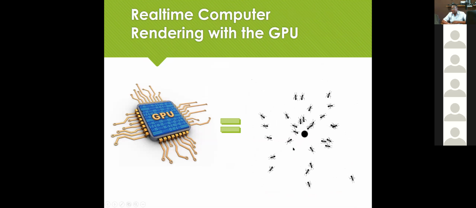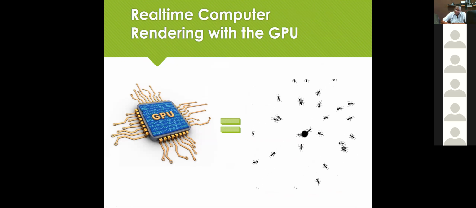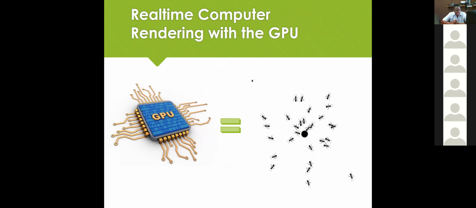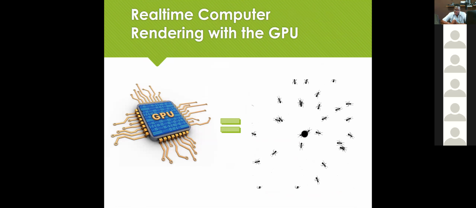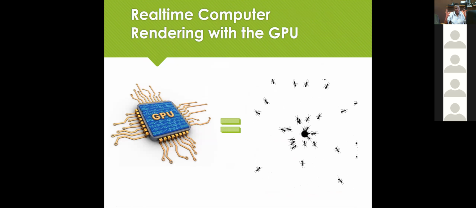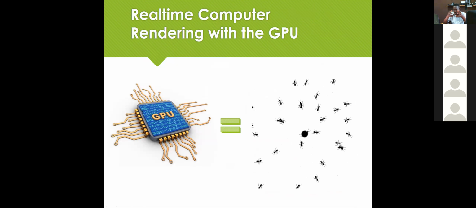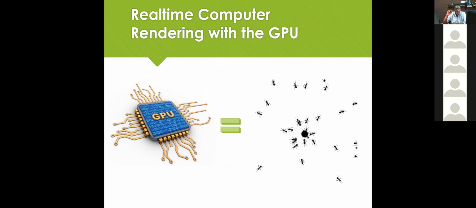The reason there are ants here is that the GPU works a little differently. Instead of having this massive brain that calculates where shade and shadow is, it has some little tiny micro brains.